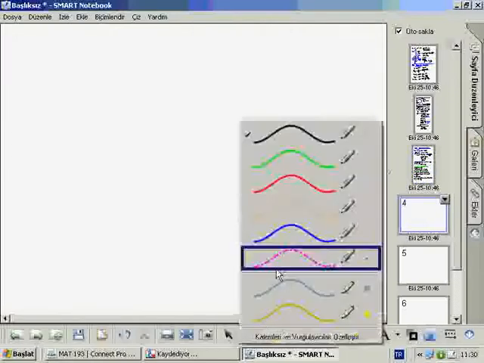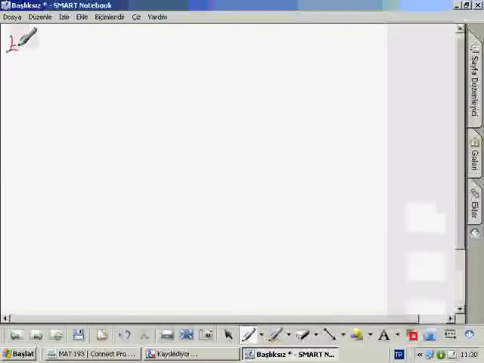Let me give you an example. If g of x equals the square root of 2x plus 1, firstly we must evaluate if this function is 1-to-1 or not, okay?